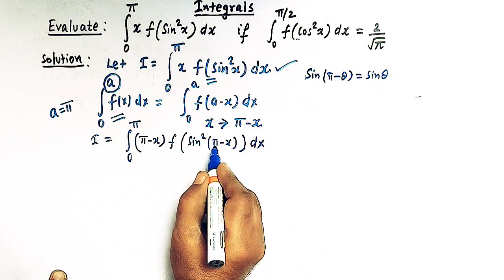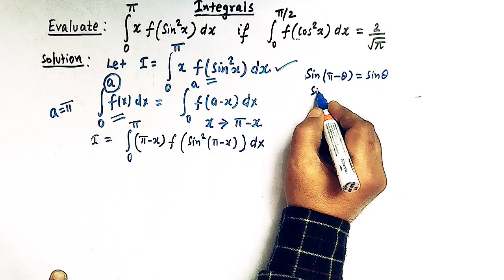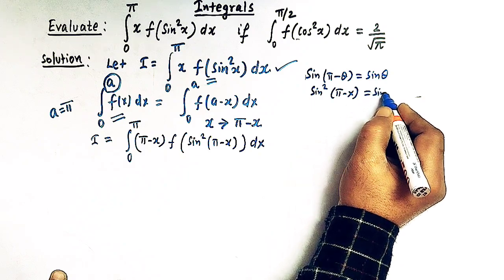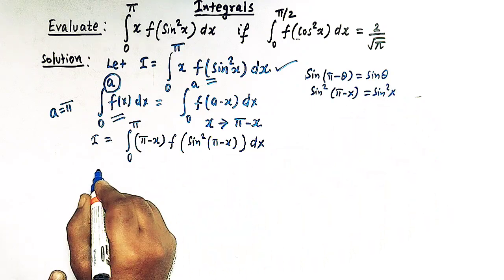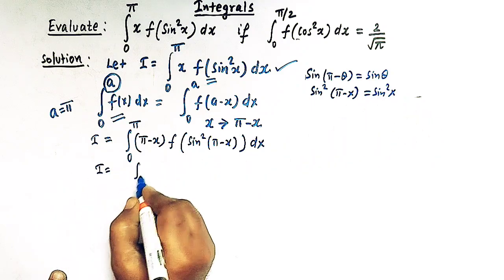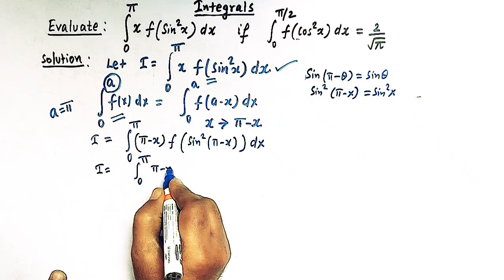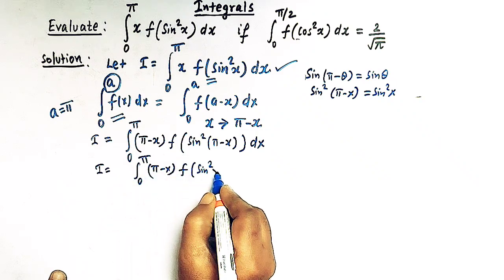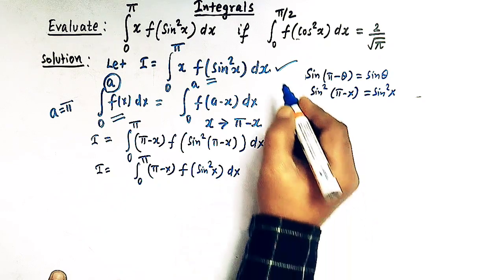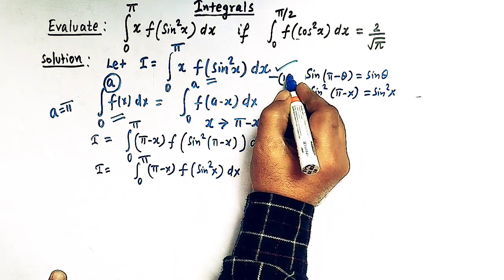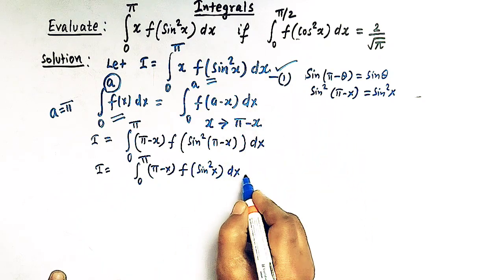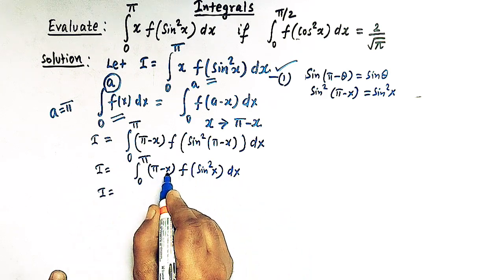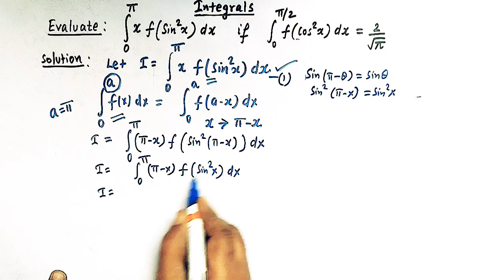So sine square pi minus x is equal to sine square x. So now we have I and 0 to pi minus x, and here we have f of sine square x and dx. So let us take this integral as 1, and here we can now multiply these two terms by f of sine square x.